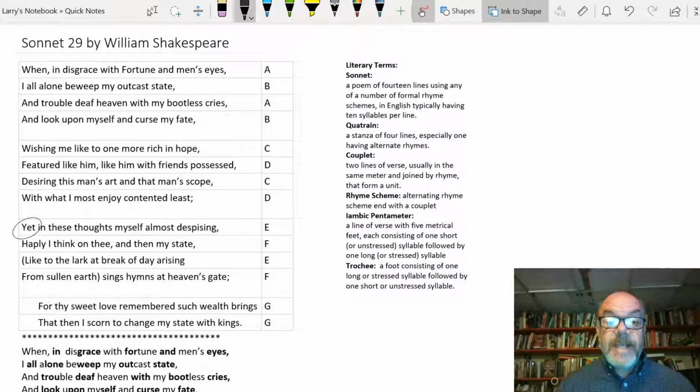We have quatrain number 1, quatrain number 2. We see the despair the speaker is experiencing. Yet in these thoughts myself almost despising, not completely despising, but almost despising, haply I think on thee, and then my state, like to the lark at break of day arising from sullen earth, sings hymns at heaven's gate.